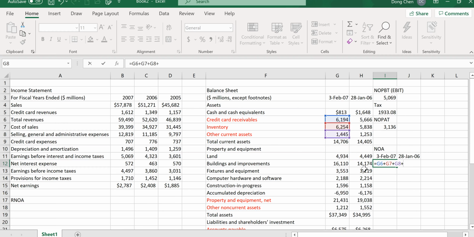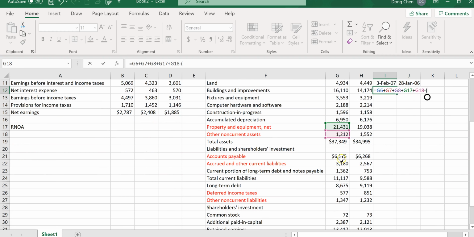And then we also should sum this net property and equipment, and also this other non-current assets here. And then subtract the sum of the operating liabilities, which is accounts payable and accrued and other current liabilities, and this deferred income taxes, and then the other non-current liabilities.